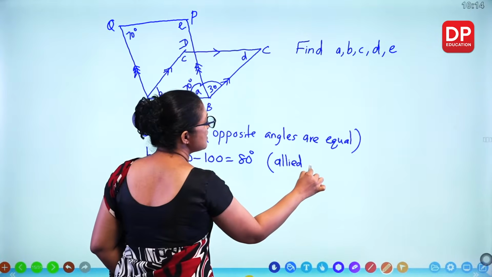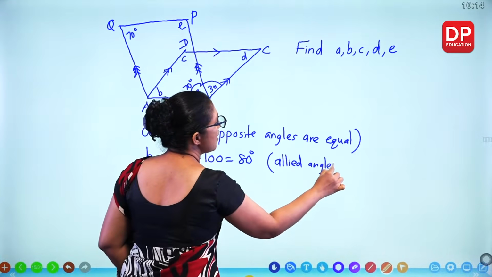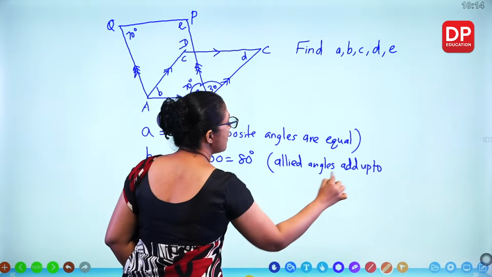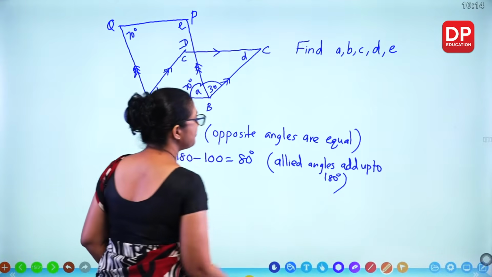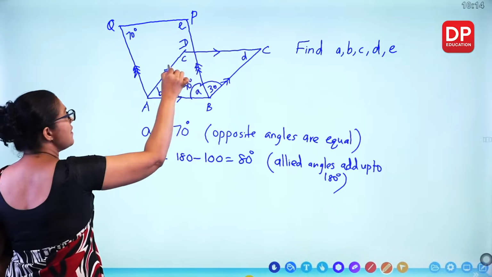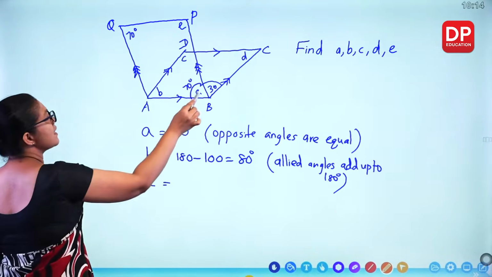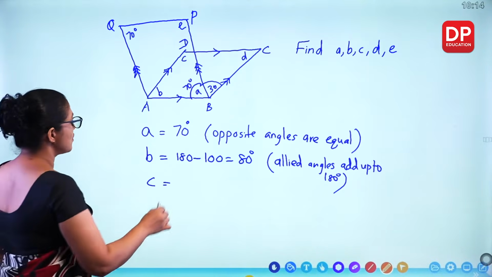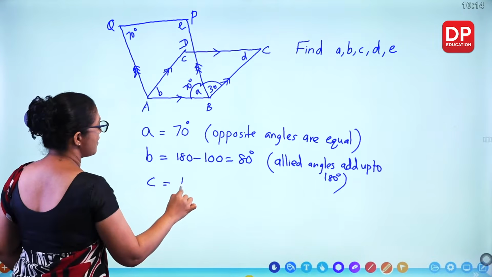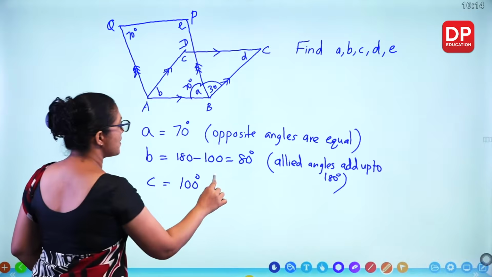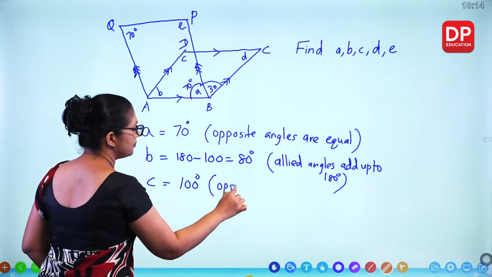Allied angles add up to 180 degrees. So straight away you can write C angle is the opposite angle to B. So C angle is 100 degrees, that's 70 plus 30, opposite angles.